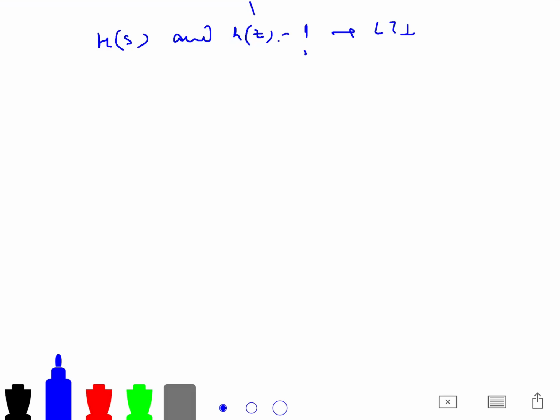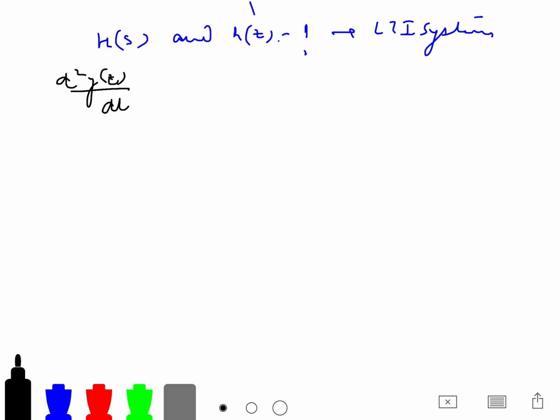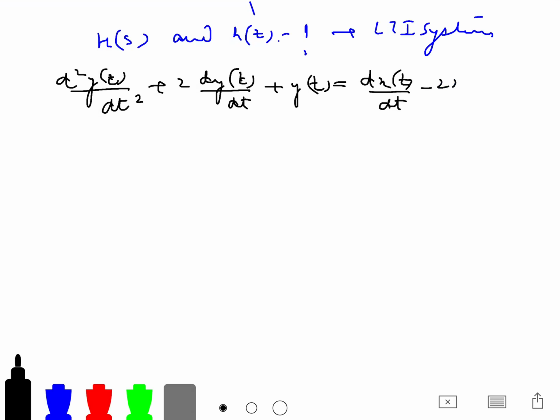In this example, you have to find the transfer function or the system function and the impulse response, meaning H(s) and h(t), of a causal LTI system, and the system is described by the differential equation given by d^2y(t) over dt^2 plus 2 dy(t) over dt plus y(t) is equal to dx(t) over dt minus 2x(t), right?